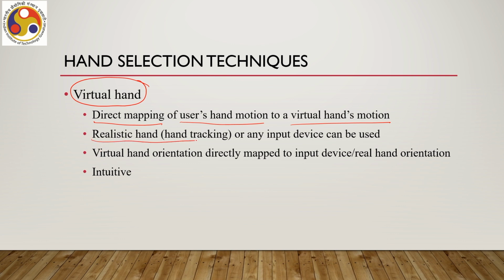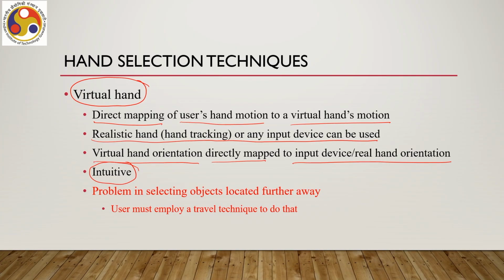Earlier, when we discussed hardware, we saw that there can be 3D tracked controllers. Those are typically used to implement this type of virtual hand which has one-to-one mapping to the physical hand. So, virtual hand orientation is directly mapped to the input device or real hand orientation, and it is most intuitive. Clearly, I can make the natural hand movement to do selection in the virtual world with the virtual hand.